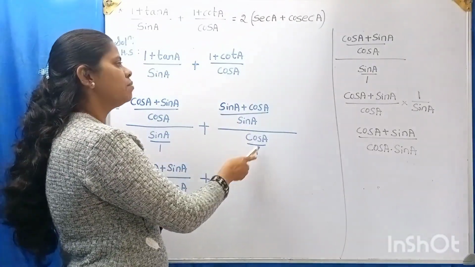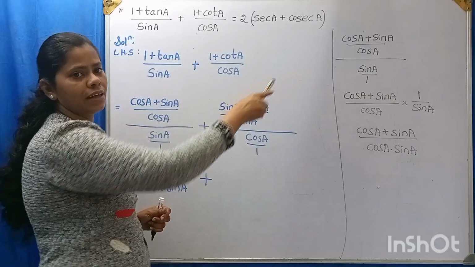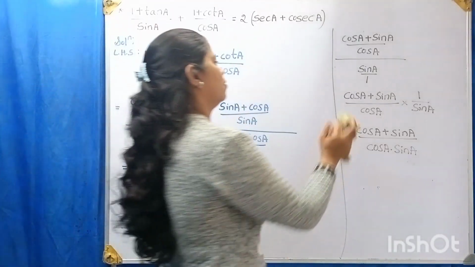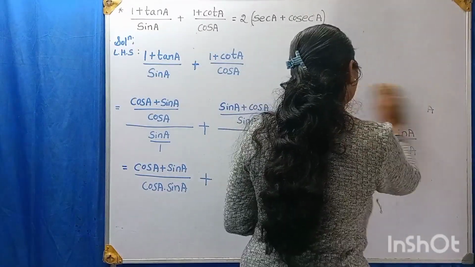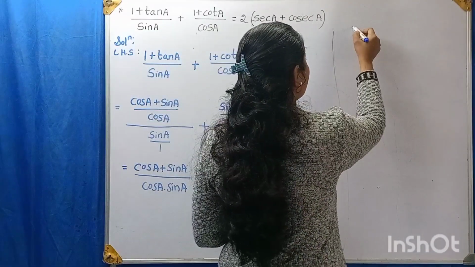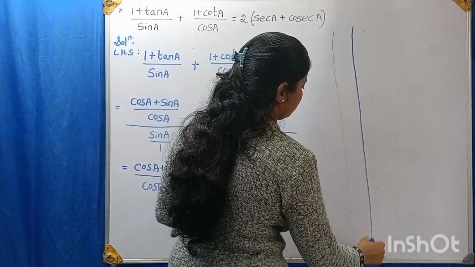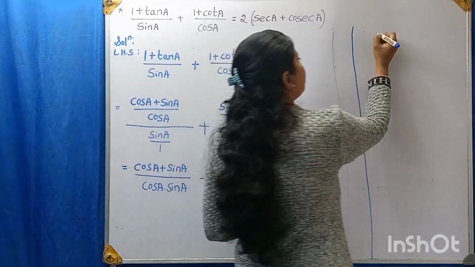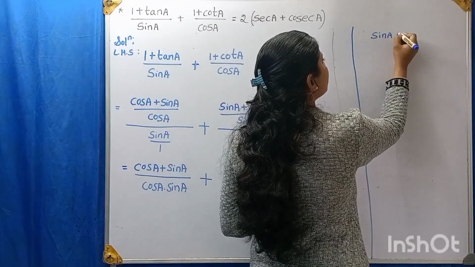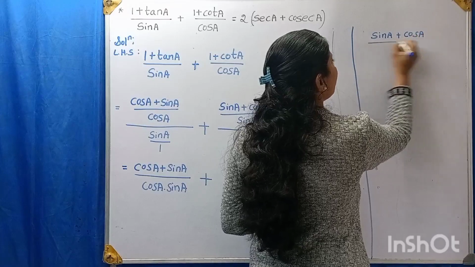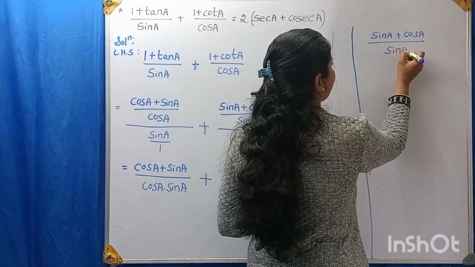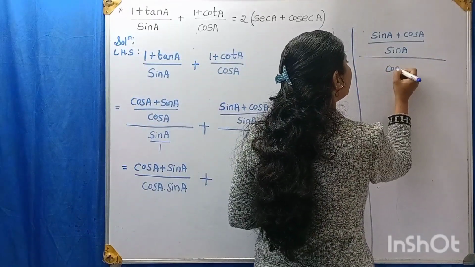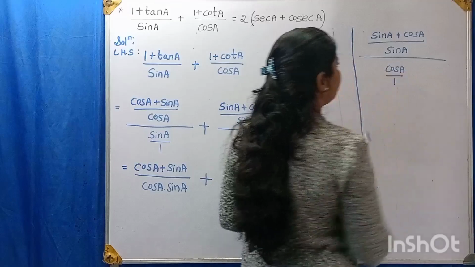In the same way, we will simplify this whole term that side. I am going to rub that. (Sin A plus cos A) divided by sin A, whole divided by cos A by 1.